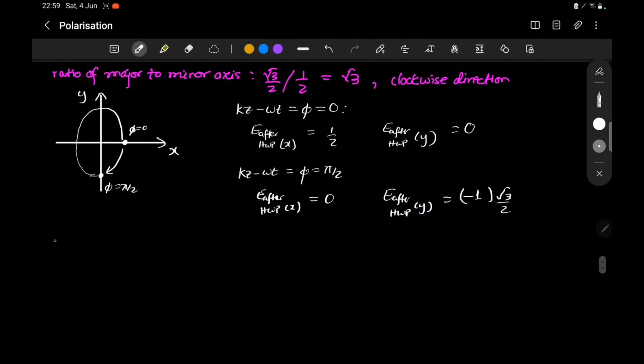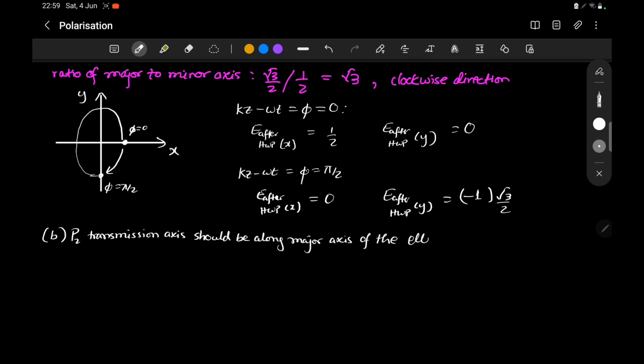So part B, the P2 transmission axis should be along the major axis of the elliptically polarized light, which is basically obtained from the quarter wave plate.